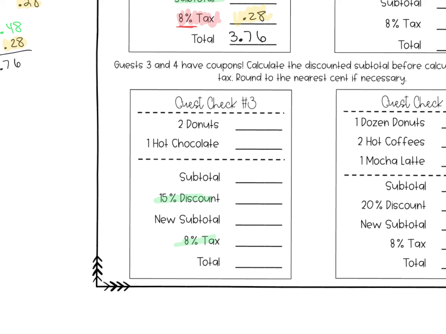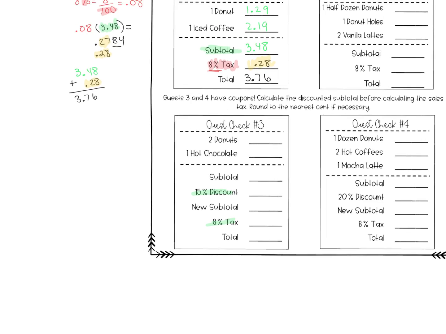So you're going to be doing what I just did twice. First, you'll find the total amount by adding these two together. Then you're going to have to multiply by the discount to figure out the total amount. Remember, discount would be a decrease, a subtraction. Then once you have your new amount, you've got to find the tax and add that on, and that will give you your total. So a couple extra steps.